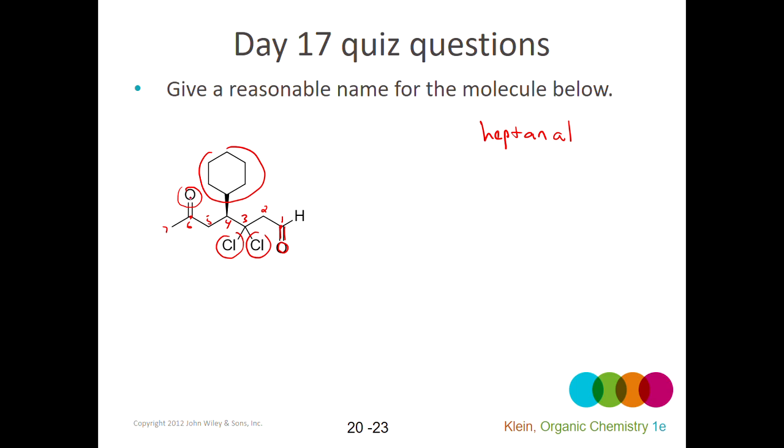So there are really actually 2 ways to name this. Let's first talk about how to name the ketone as a substituent. As a substituent, the ketone would be an oxo group, so that would be 6-oxo. On carbon 4, I've got a cyclohexyl. And on carbon 3, there are two of them, so it's 3,3-dichloro.